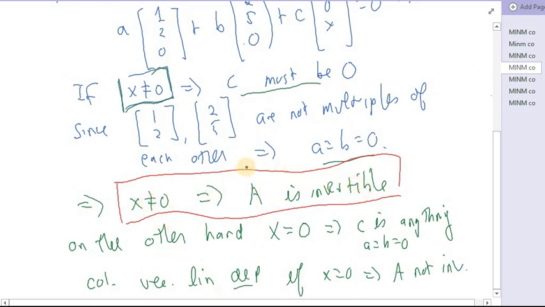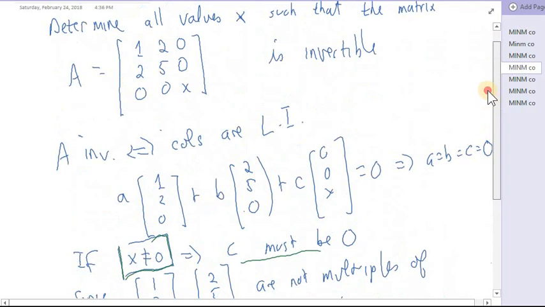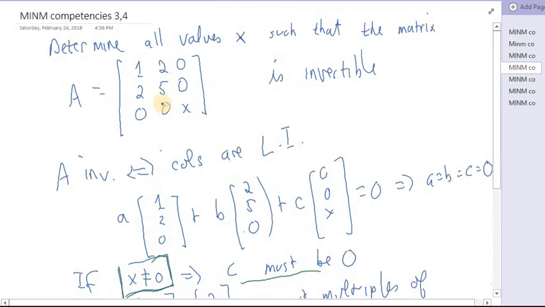So that's my answer. Now, another way you could look at this is in terms of row reduction. I'll just talk about this. I won't write anything down. Suppose you wanted to find the inverse of this matrix using row reduction. Well, you take this matrix and you'd add the identity matrix over here and you'd start row reducing. Now, if x is 0, then what would happen?